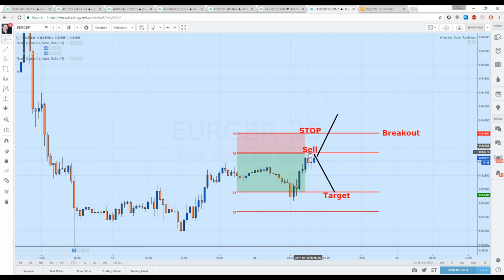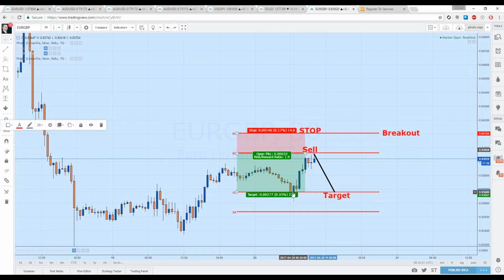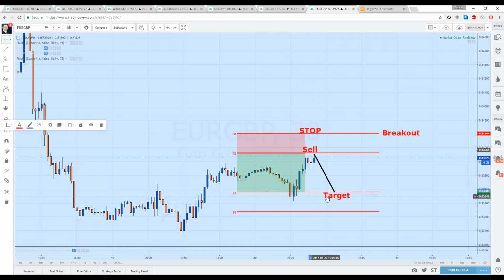If the range continues, the process can be repeated in the other direction. إذا استمر السعر في التحرك بداخل النطاق ممكن نعيد الفكرة في الاتجاه المعاكس. Just like this morning, prices bounced from the S3 pivot. زي ما احنا شايفين النهاردة الصبح السعر ارتد من منطقة S3.